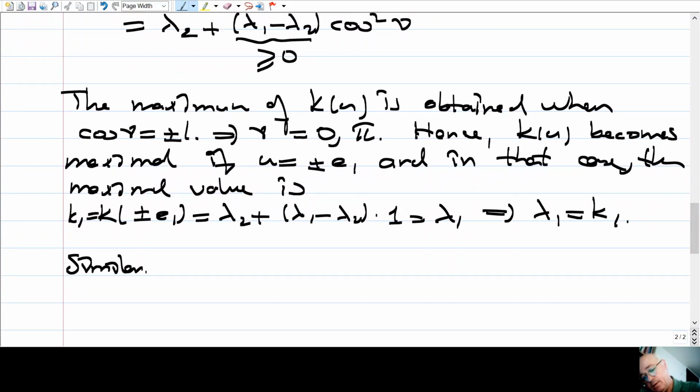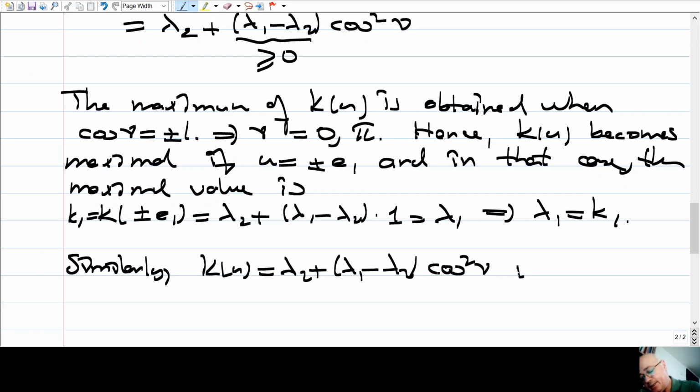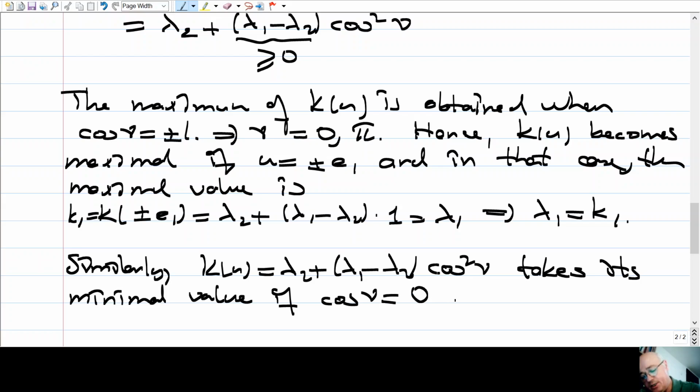Similarly, Ku, which is just lambda 2 plus lambda 1 minus lambda 2 times cosine squared mu, takes its minimal value if cosine mu is this time 0. In other words, when u is plus minus E2, right?